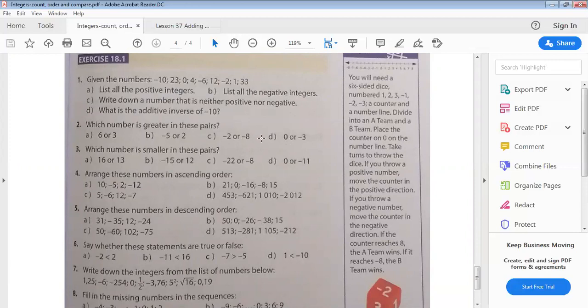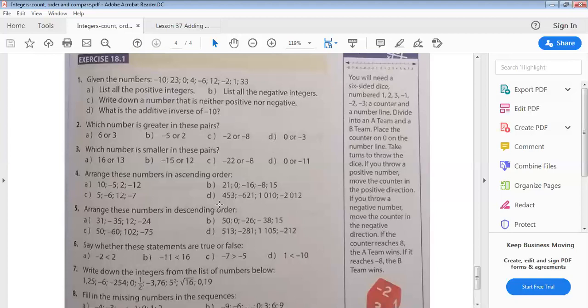Then B, list all of the negative integers, so those that have a negative sign in front of them. C, write down a number that is neither positive nor negative. So one of the numbers from that list that is neither positive nor negative. Then question D, what is the additive inverse of negative 10? So if we add this number to negative 10, the answer will be 0.